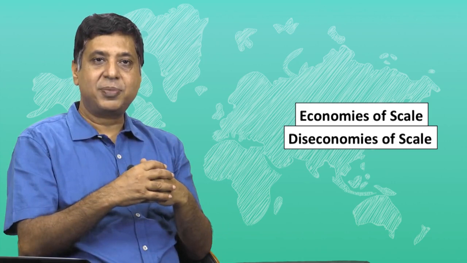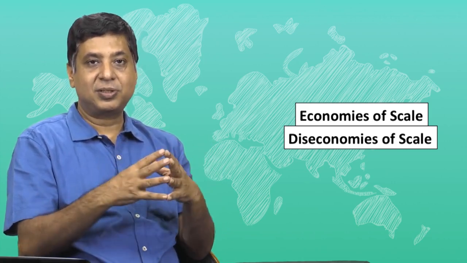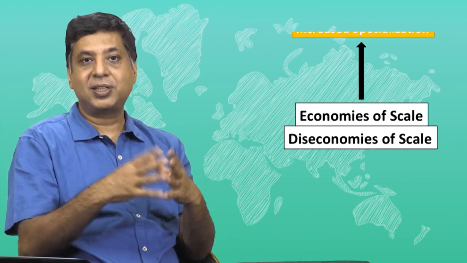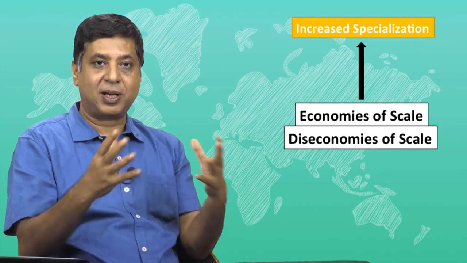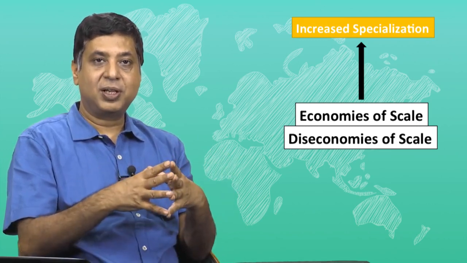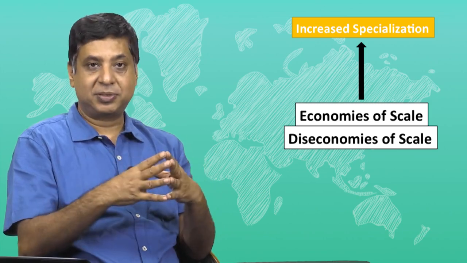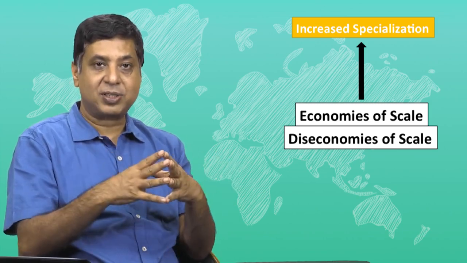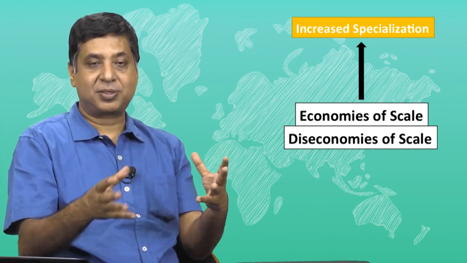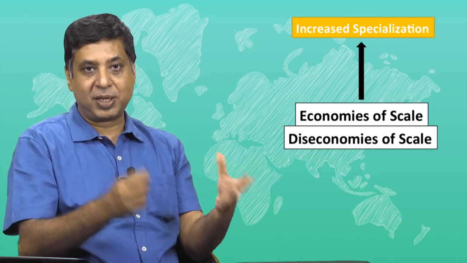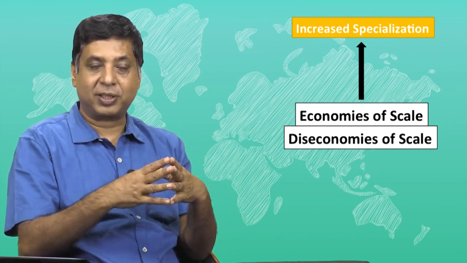What are the reasons behind economies of scale? Well, the simple reason obviously is increased specialization. So, as the size of your plant or your business grows, you can use specialized labor. If you are running a restaurant, for instance, when you start off small, the same person has to double up as both a waiter and also do billing and probably also do the cooking.